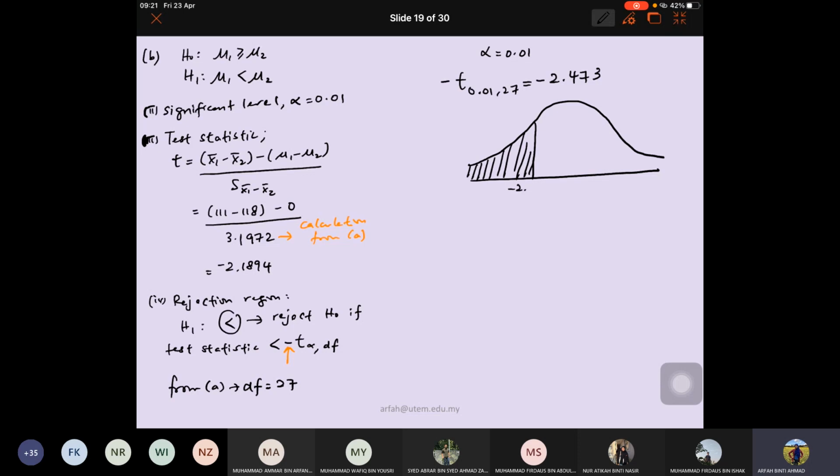Negatif 2.473. So negatif 2.1894 jatuh dalam rejection region or acceptance region? Accept.